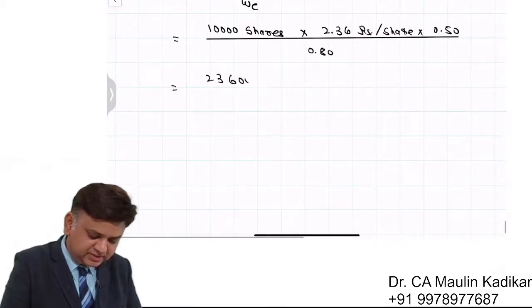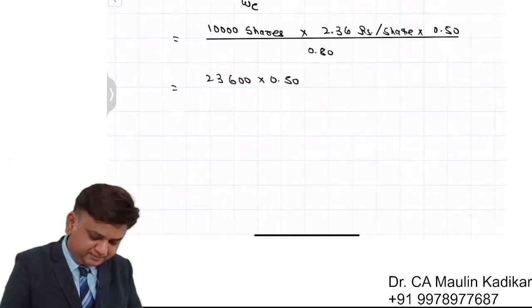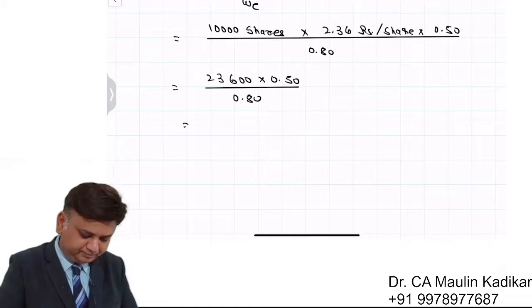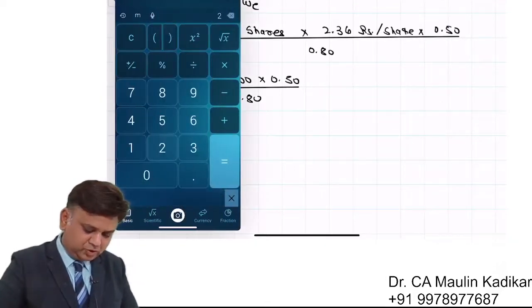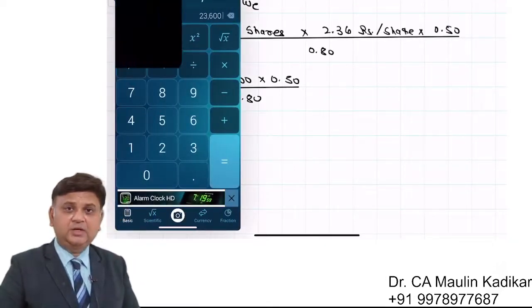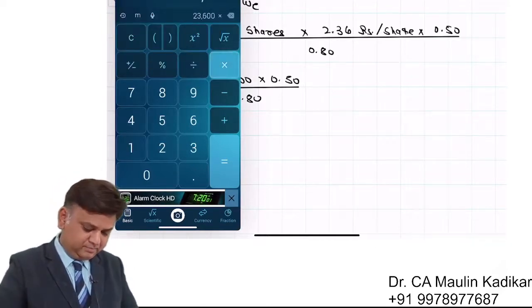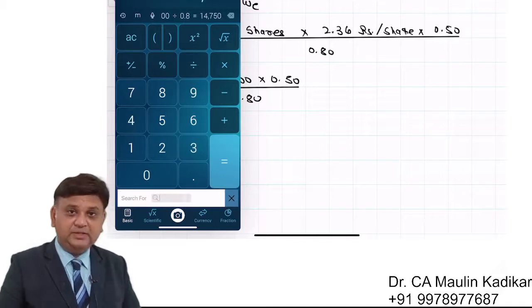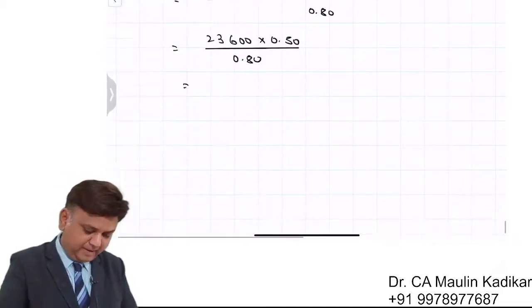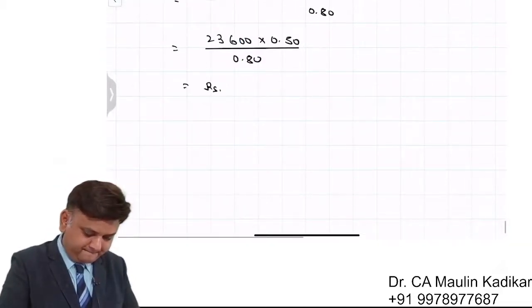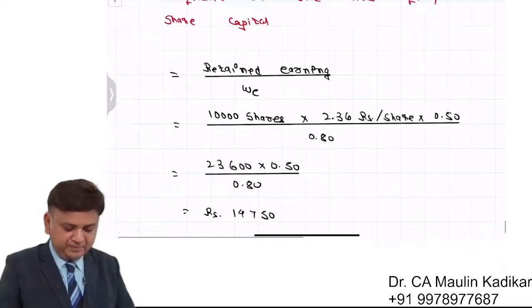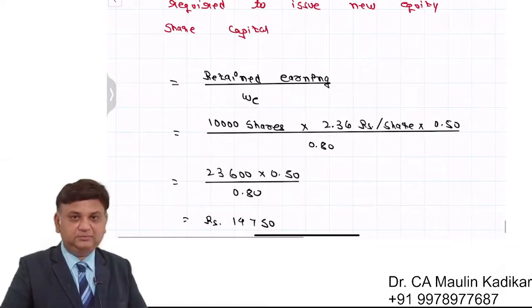So 23,600 into 0.5 divided by 0.8. That is 14750. I request all of you to write down answer.